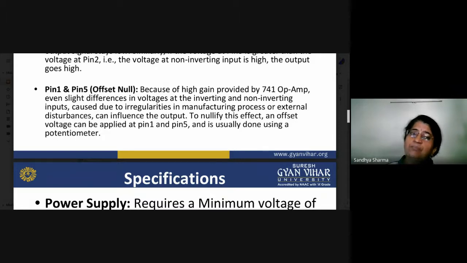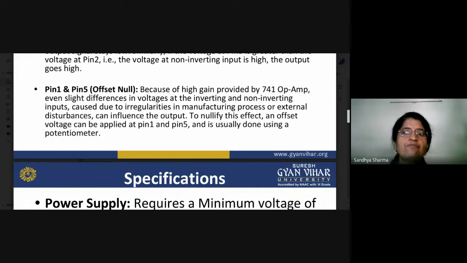So at pin number 1 and 5, you apply an external potentiometer, and by varying this potentiometer, we again apply a voltage to this IC, and this applied voltage tries to null the output voltage V0 to 0.